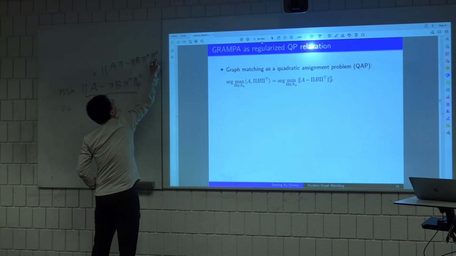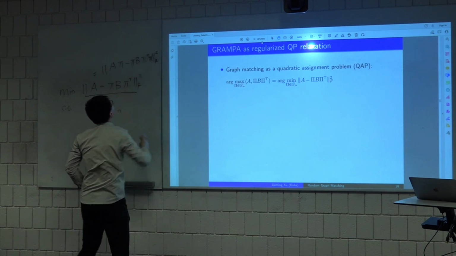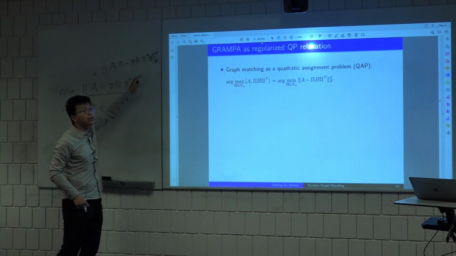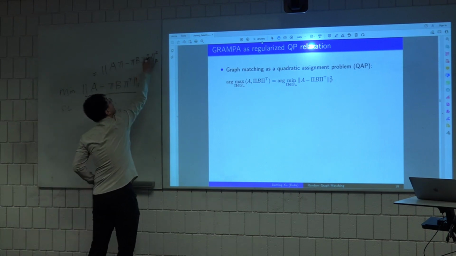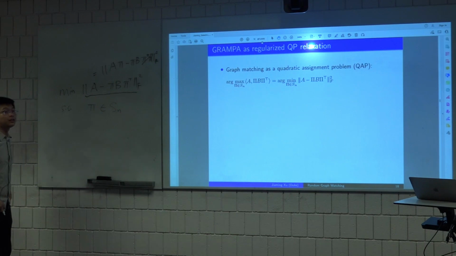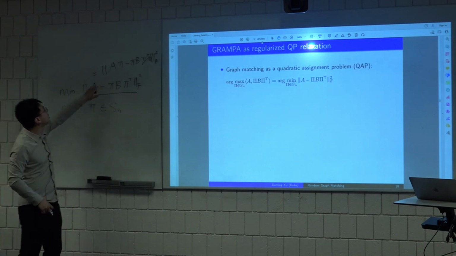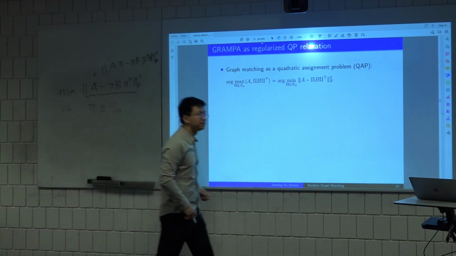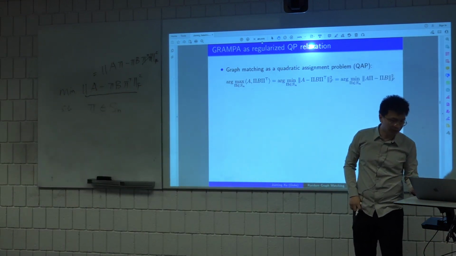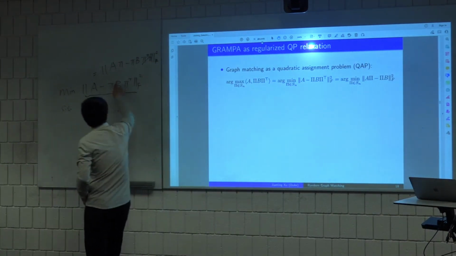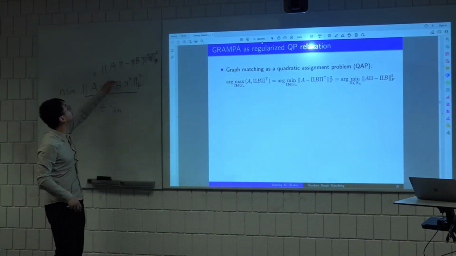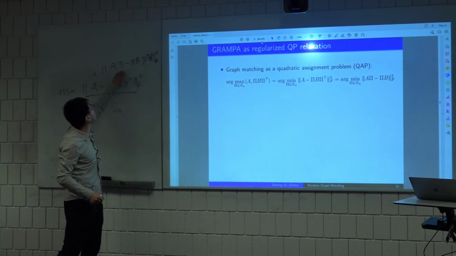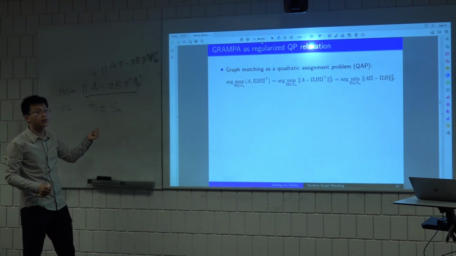Sorry, Frobenius norm. Okay. So you basically just take the Frobenius norm and insert an additional pi here. And then pi is orthogonal, so pi transpose pi is just the identity, right? So now the nice form is that this objective is equivalent to the Frobenius norm squared of A pi minus pi B. Now if you think about pi as a long vector, this objective, A pi minus pi B, is a linear function of pi.